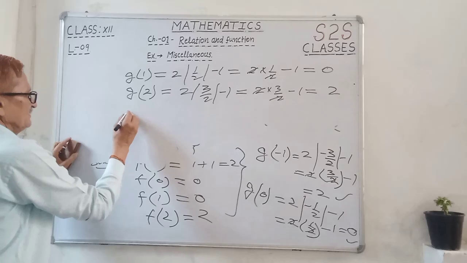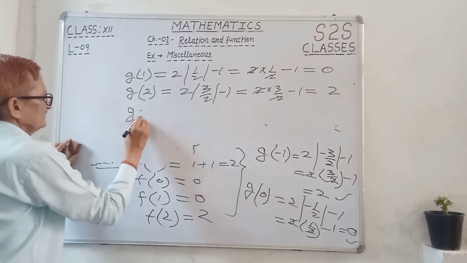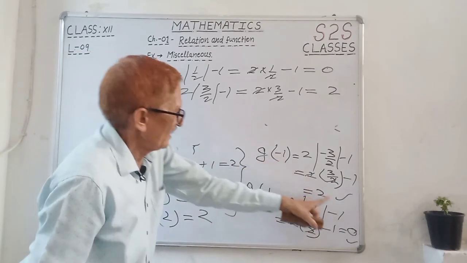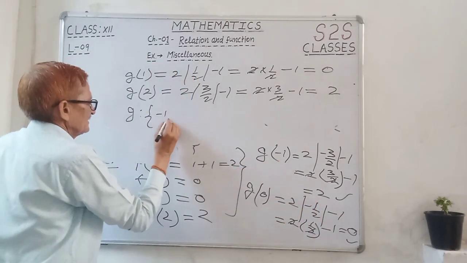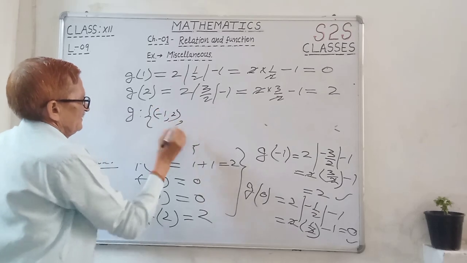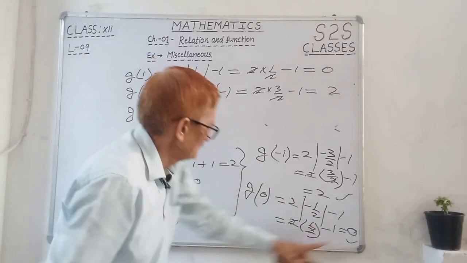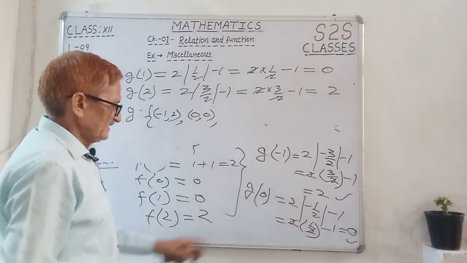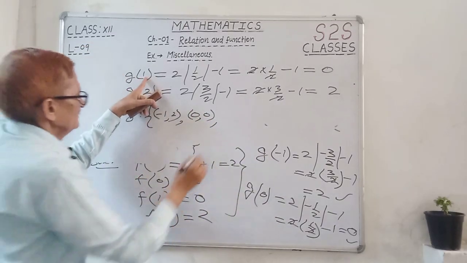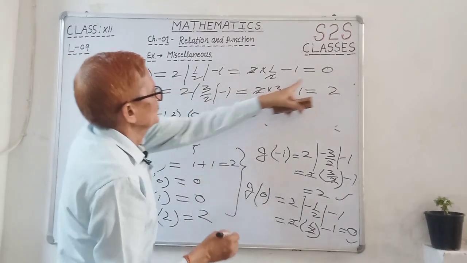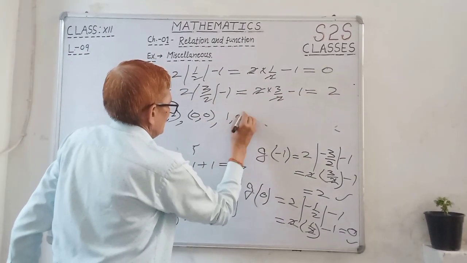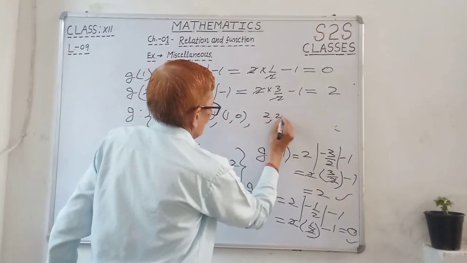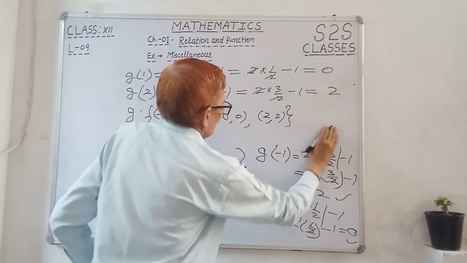So what is our g? The g function is such that at minus 1 the output is 2, so minus 1 is associated to 2; at 0 the output is 0, 0 is associated to 0; then the third element 1 is associated to 0; and 2 is associated to 2. This is your g.